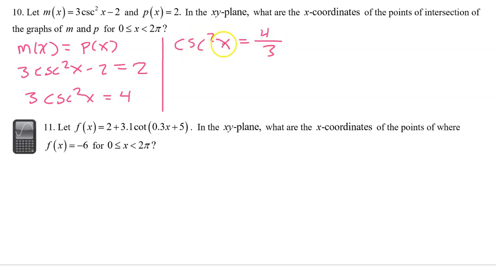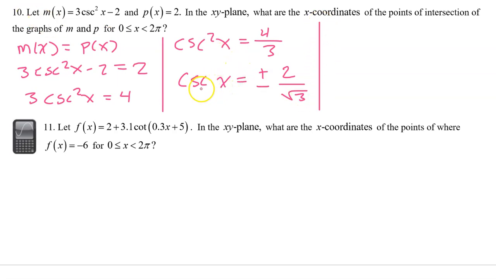The square root of cosecant squared is just cosecant x. And on the right side, we will have plus or minus, and when you take the square root of a fraction, you take the square root of the numerator and denominator separately. So the square root of 4 is 2, and then in the denominator we have the square root of 3.